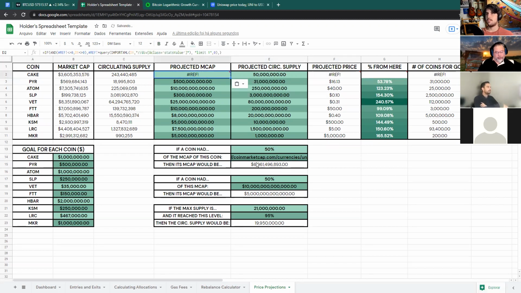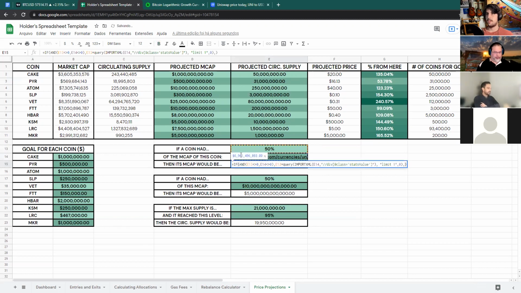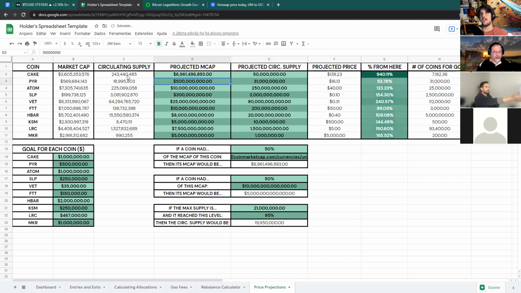Oops, sorry, I have to go here, then copy this number right here, and paste it here. Let's say right now the circulating supply is at 243 million. Cake specifically doesn't have a max supply, so this tab doesn't really work for it.